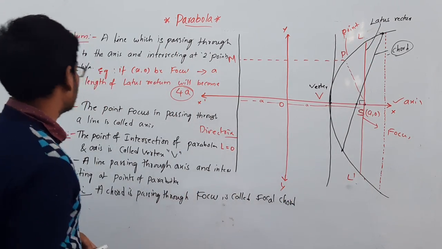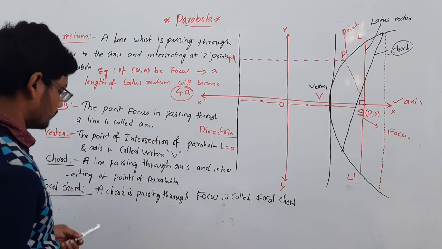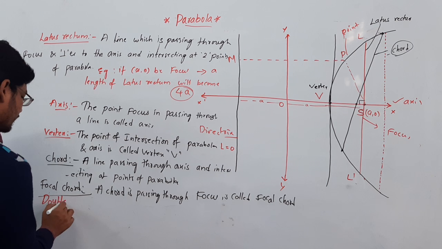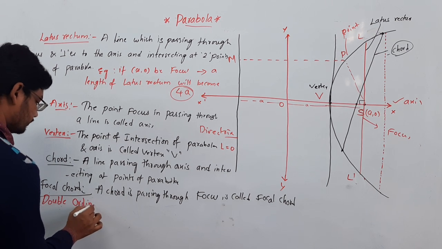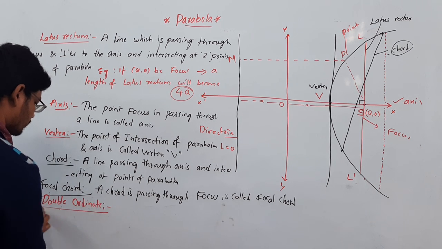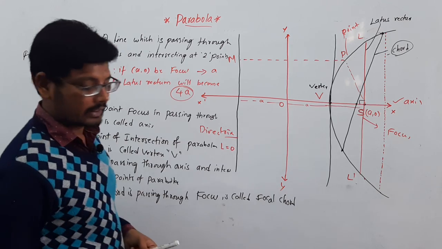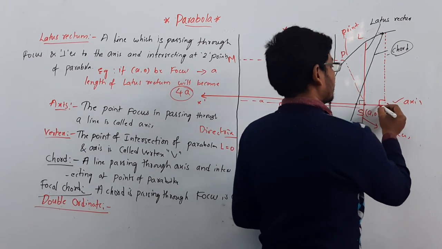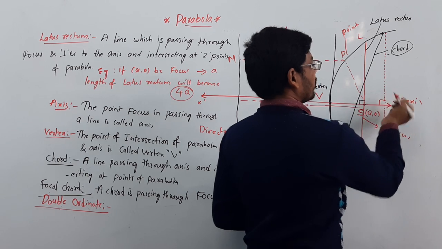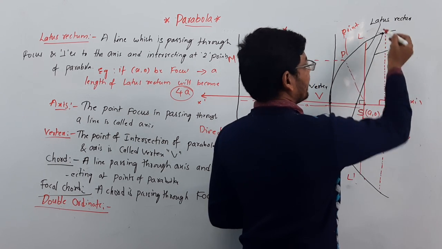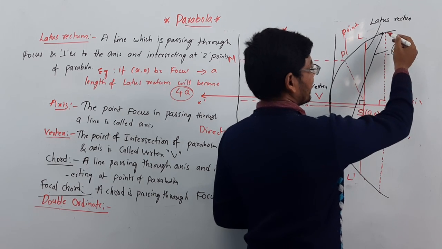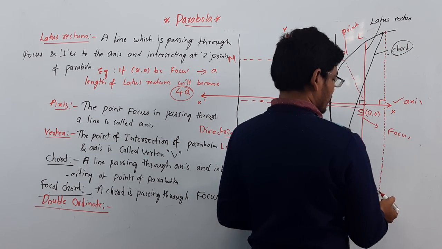And the next one, double ordinate. I am writing here double ordinate. Double ordinate is a line which is perpendicular to the axis and intersecting at 2 points of a parabola.